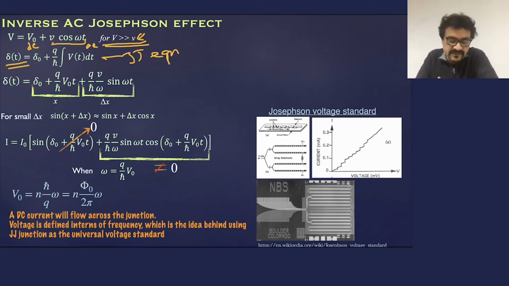Now we have a voltage which is a function of time because you have an AC term.